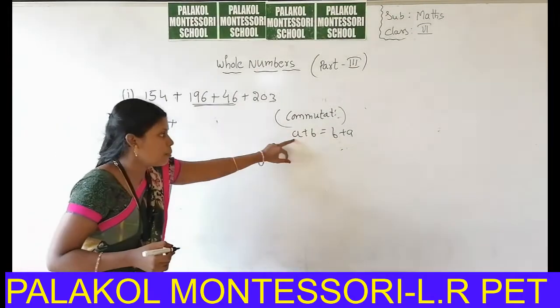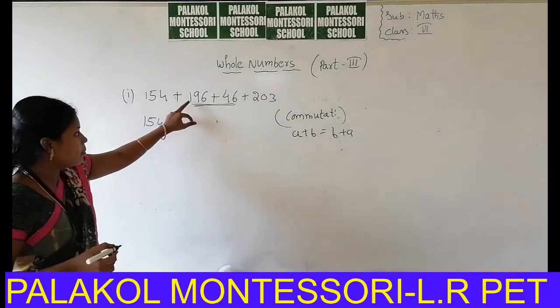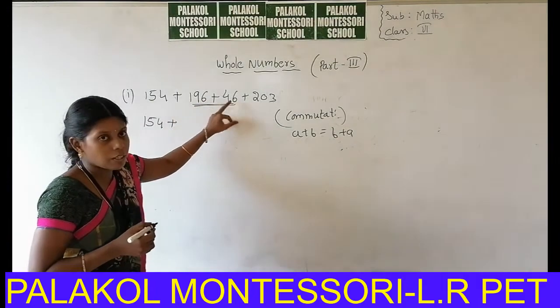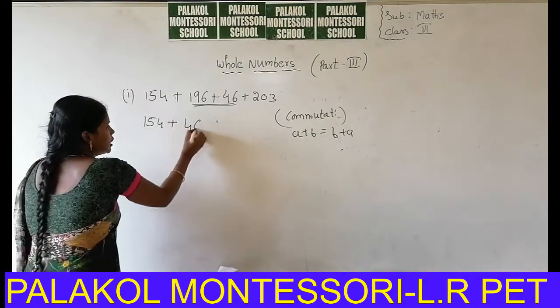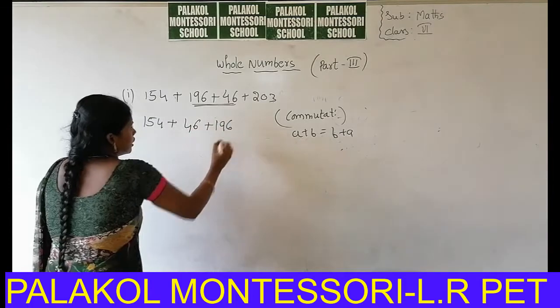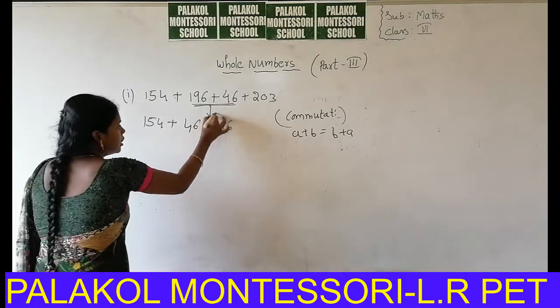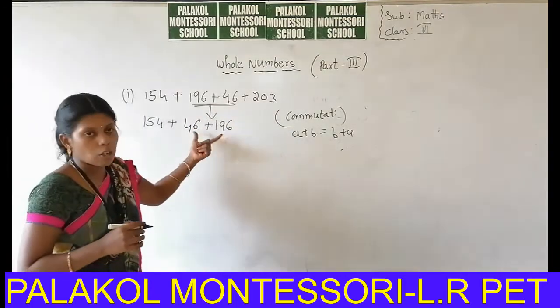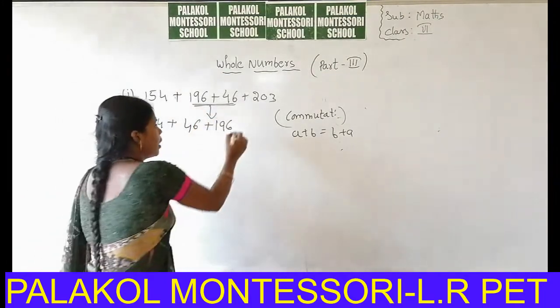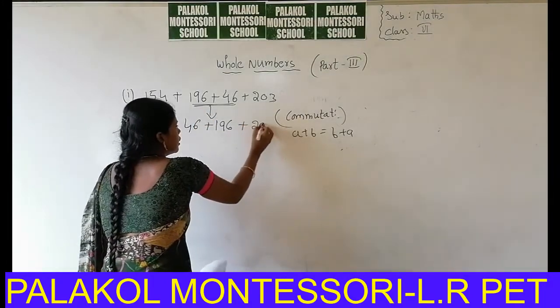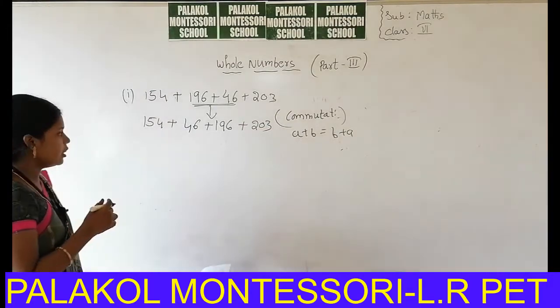Commutative property. That means 196 plus 46 will be changed to 46 plus 196. The order is changed because I use the commutative property in this problem. Plus 203 is the same.